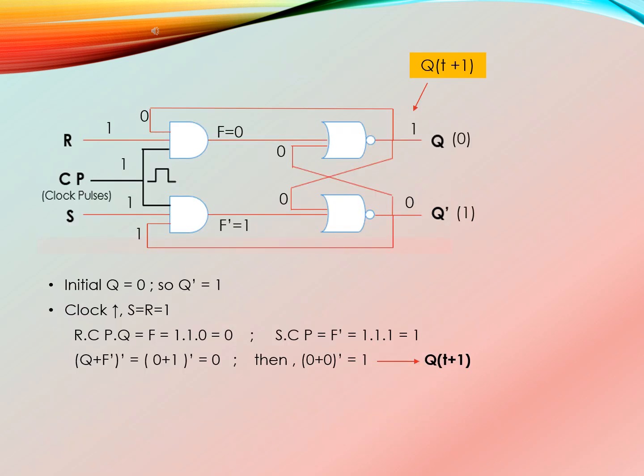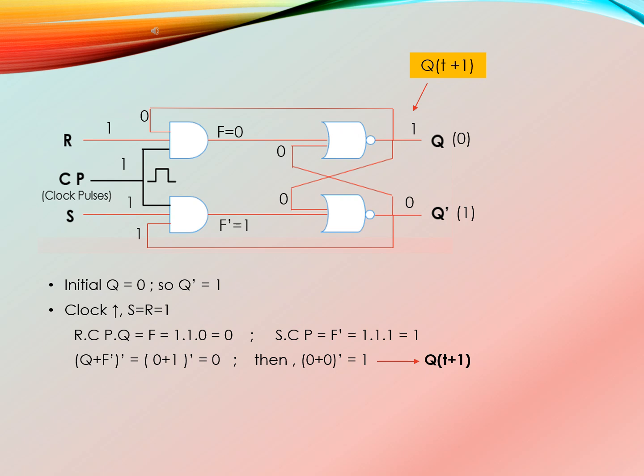We talk about the main flip-flop. When S and R both are 1, even if the clock pulse is high, that means CP is 1, Q equal to 0, so Q prime will be 1. So 1, 1 and 0 in the AND gate, the result will be 0, which remains in F. Then S equal to 1, clock pulse equal to 1, and Q prime equal to 1, so 1, 1 and 1 in the AND gate will result in 1, which remains in F prime.